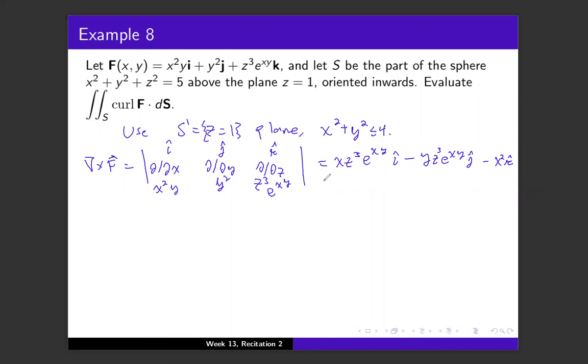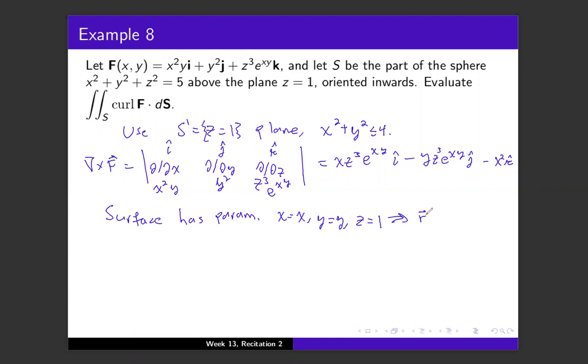Okay. So now that we've done this, what we can say in this case, now we know that the surface has the parameterization x equals x, y equals y, z equals 1.